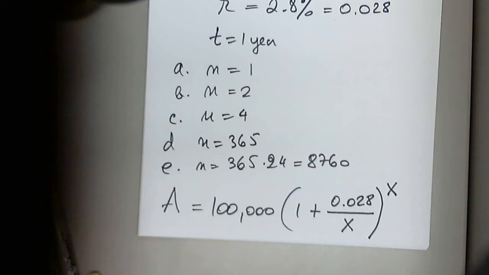So then go to the right, go back up, because we need cents as well. And they don't appear here. So for 1, I get 102,800. Then for 2, I get 102,819.60. Scroll down. 102,829.54. So let's write them down.